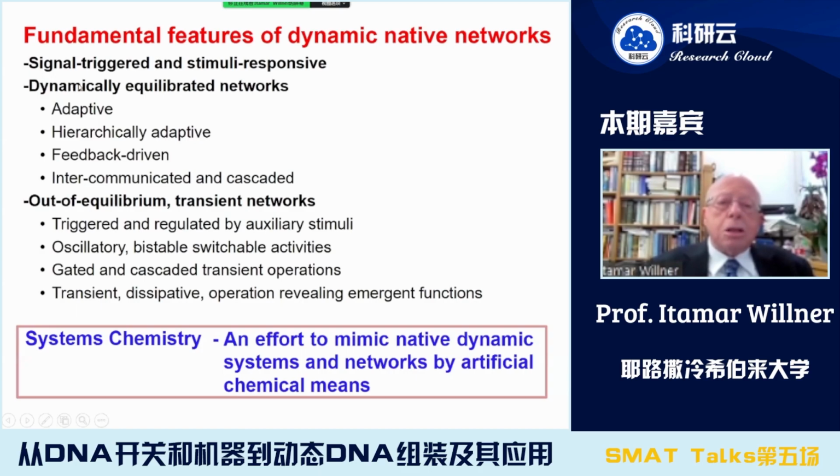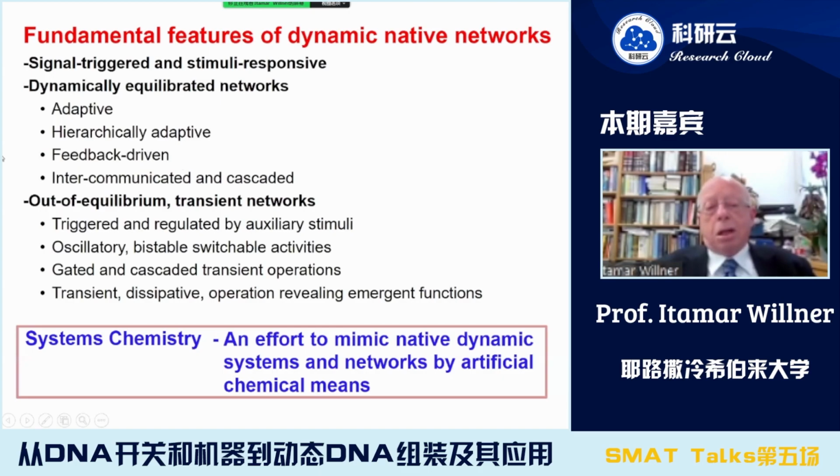The networks are dynamically equilibrated networks, and in such cases, they reveal certain properties like adaptive, hierarchical adaptive, feedback-driven, and intercommunication cascaded properties. All these functions will be discussed and highlighted in my presentation.